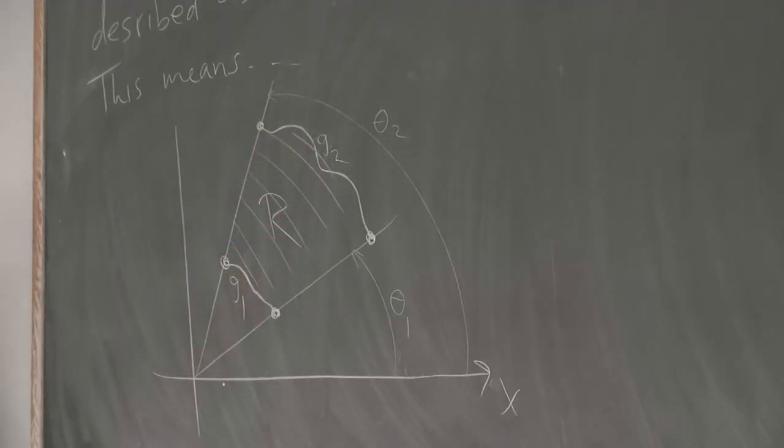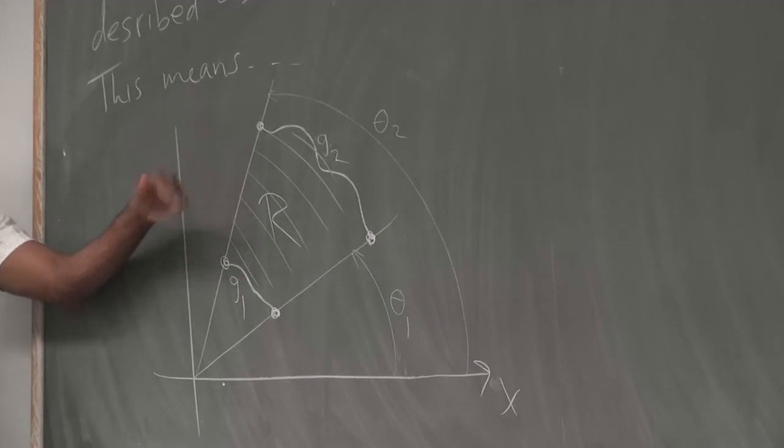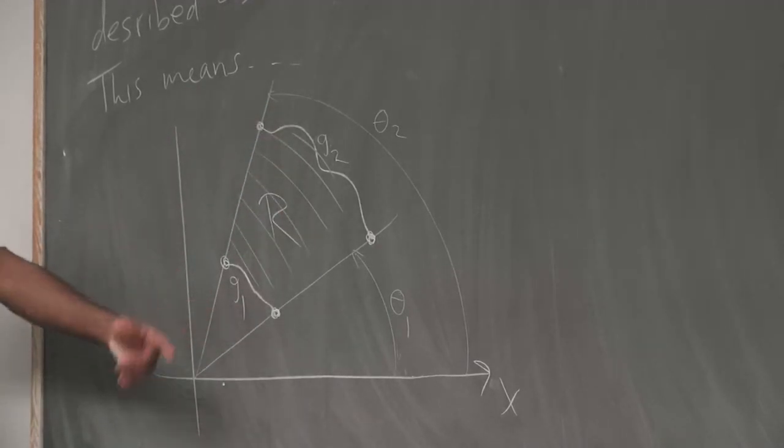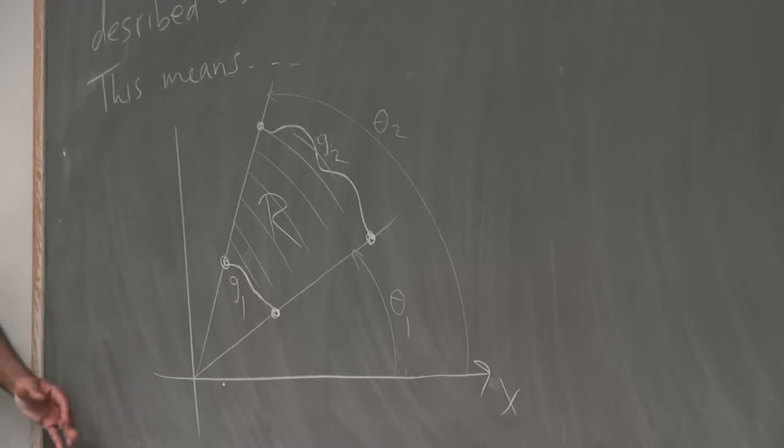So anything you can describe in this way, as something spanning an angle where you have an inner function and an outer function, you call it a polar region. The most convenient polar regions to use polar coordinates on are circles or parts of circles.